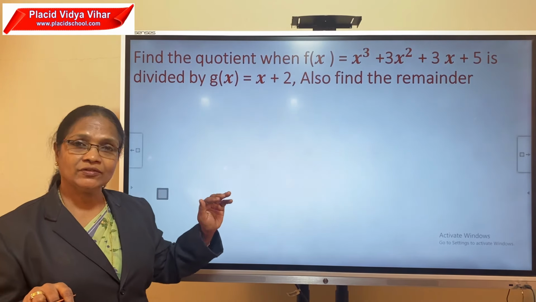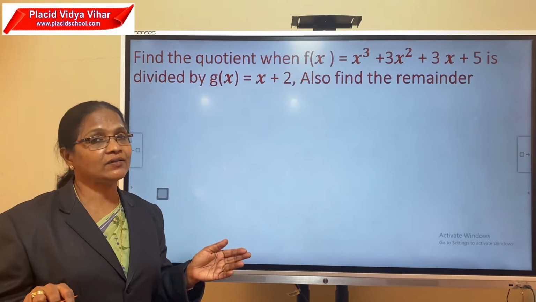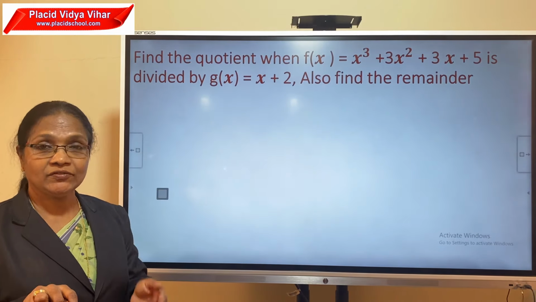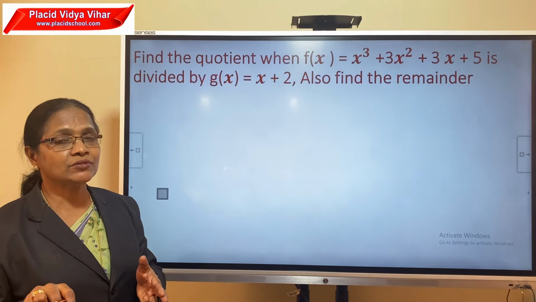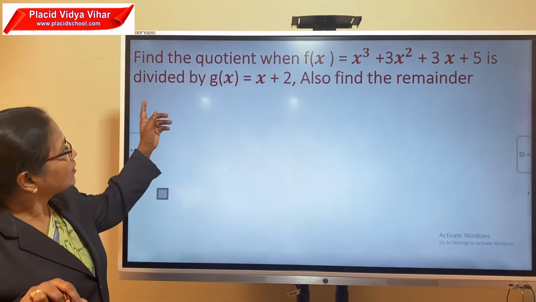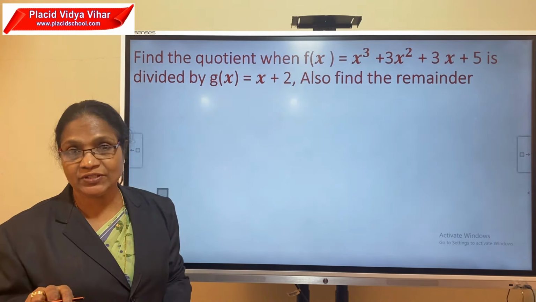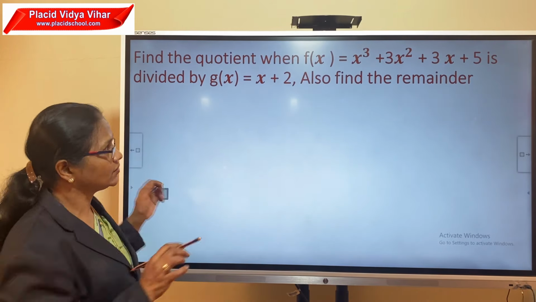Here, first of all, we have to check whether both dividend and divisor are in the standard form. If any term is missing, we have to enter that term with the coefficient 0. Now, see, here I'm going to collect the coefficients of the dividend and divisor.